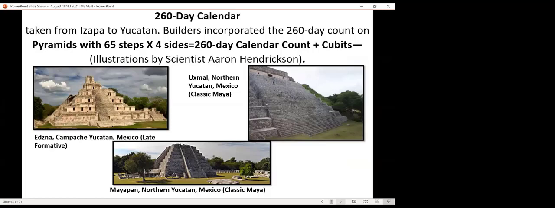Plus the cubits. And this has been well illustrated by scientist Aaron Hendrickson and is well known throughout the Maya culture. One on the left, Etzna, late formative.